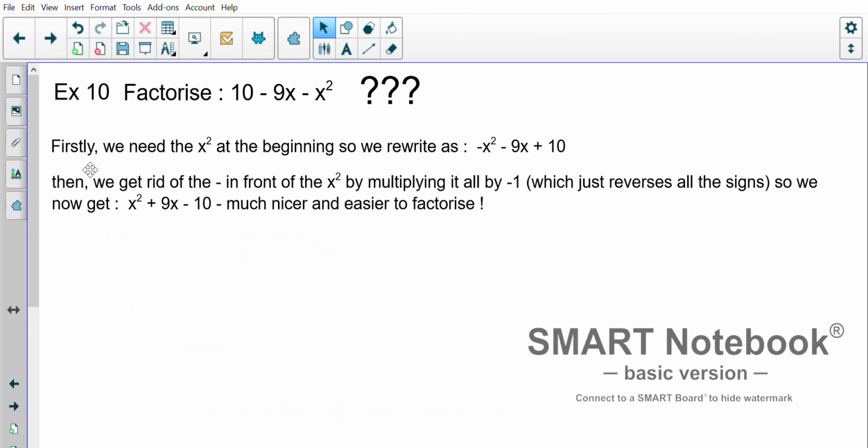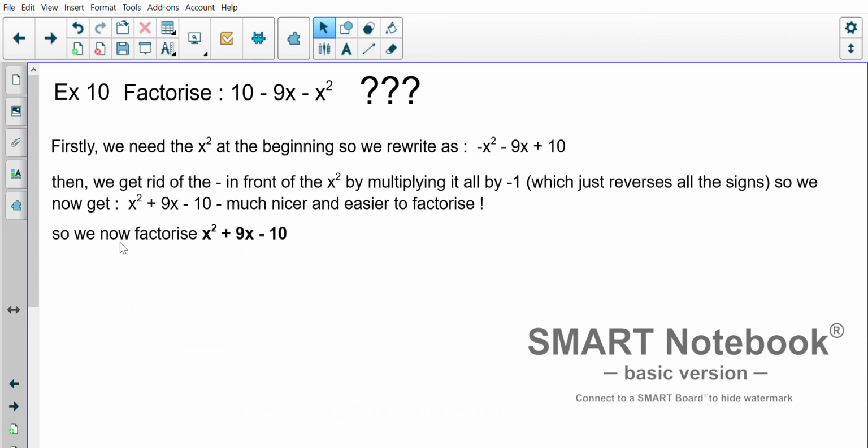Negative 1 times negative 9x gives you a positive 9x, and plus 10 times by minus 1 gives you a negative 10. So you end up with something that looks like this. x squared plus 9x minus 10. We started with that, we've now ended up with something that's much nicer and certainly much easier to factorise.